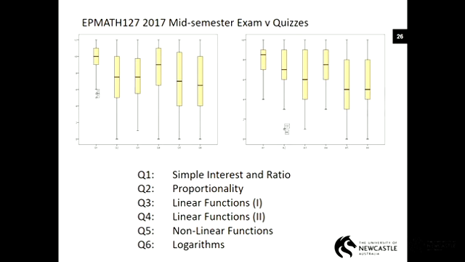Last week I was doing some analysis on our numbers. On the left up the top there, that's question 1 to question 6 from our mid-semester. And on top right is quizzes A1 to A6 from this year. You'll see the box plots side by side, and these are the topics for Q1 and A1. Well, clearly we liked Q1.